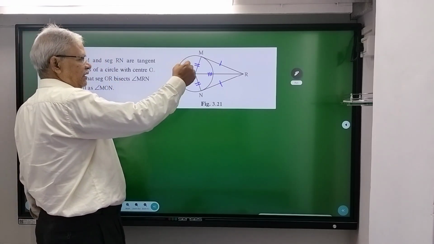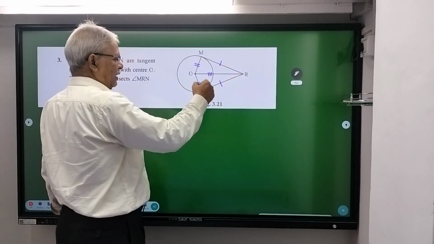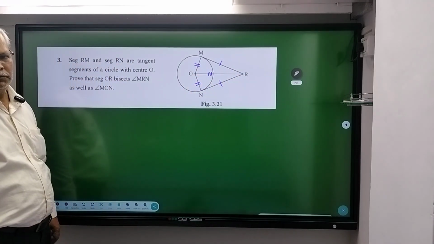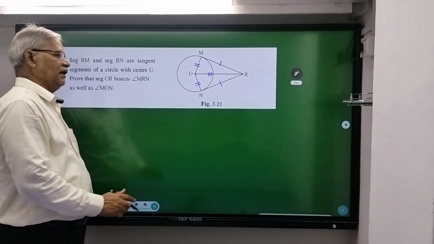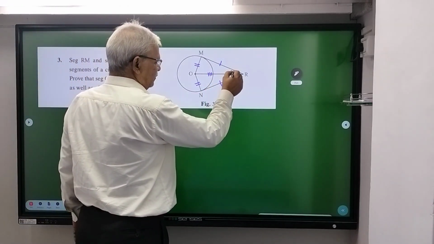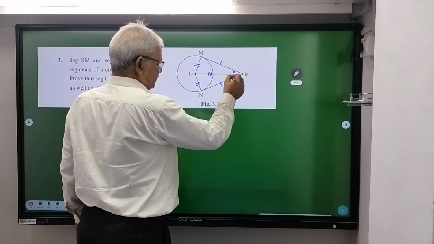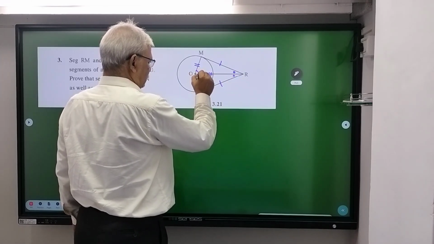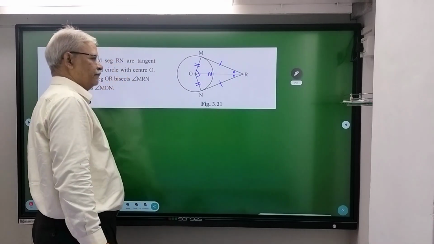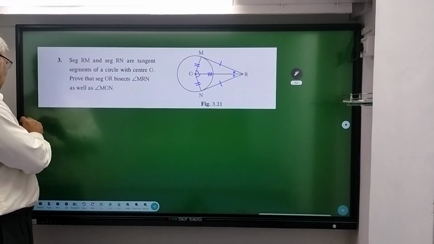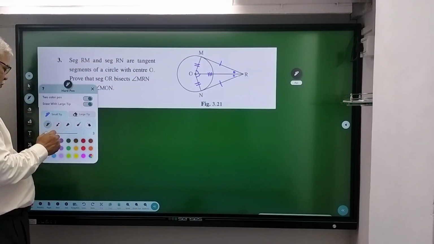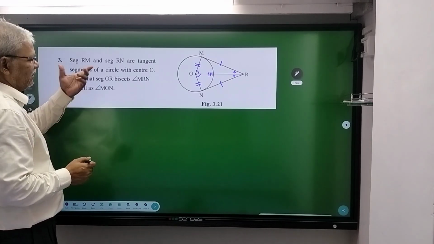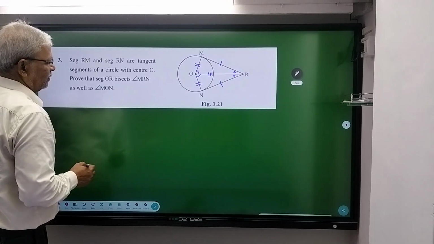Therefore, these two triangles OMR and ONR will be congruent to each other. As they are congruent, their corresponding angles will be congruent to each other. Okay? Then I am going to write here. I will start from the things which are given.